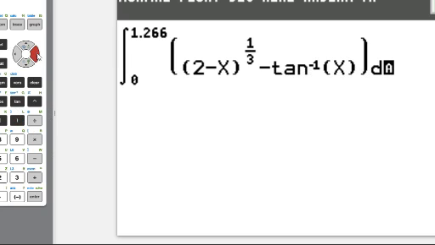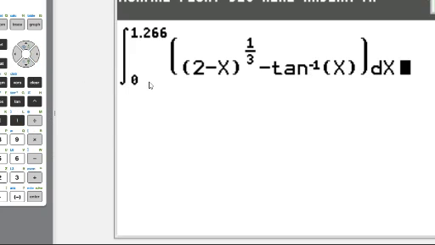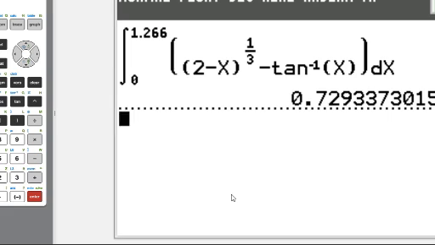Dx. Double check what we've got there. Looks pretty good. And there's our answer of 0.729.